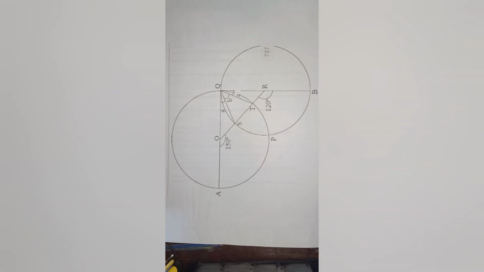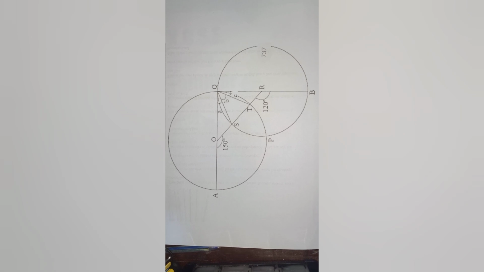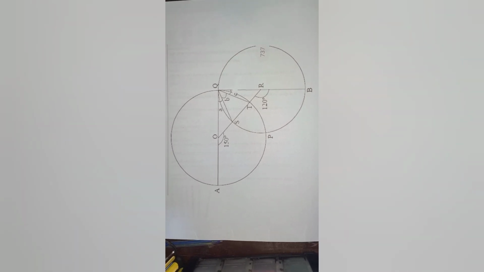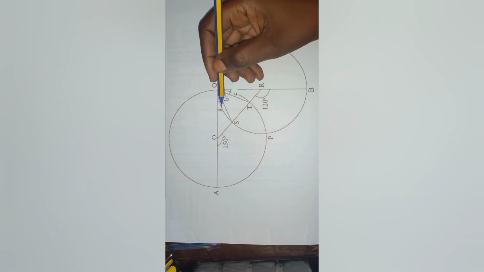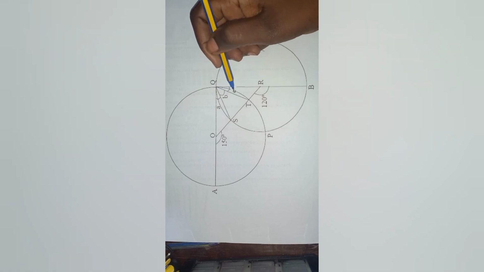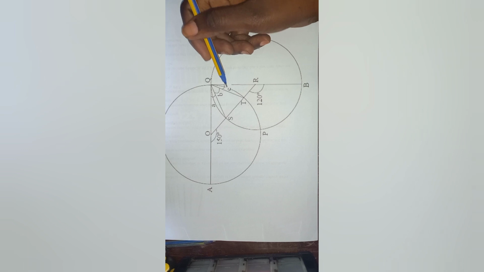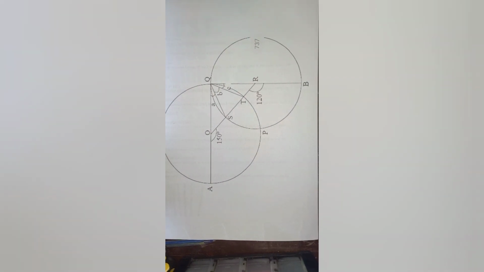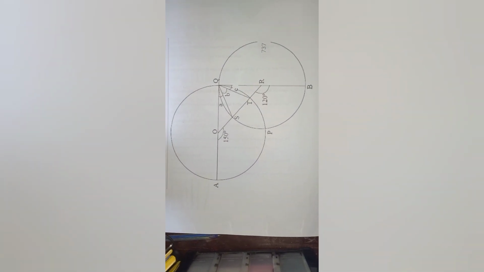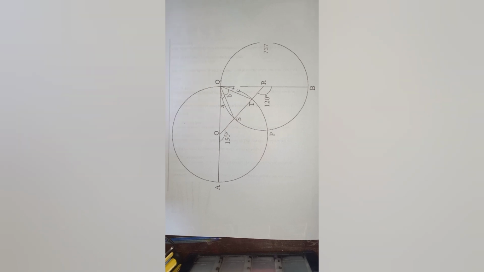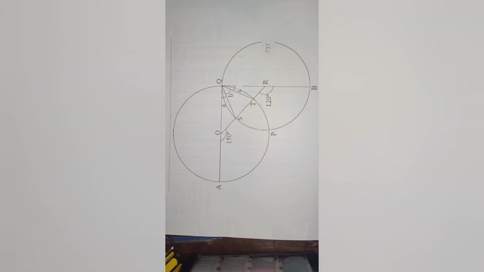Let's look at this example 2. In this example 2, we are supposed to calculate angles A, B, and C. How will you calculate angles A, B, and C? Let's first start by studying this diagram.